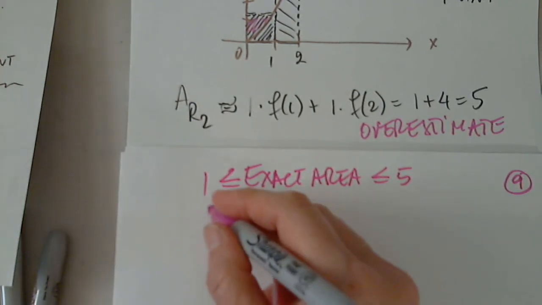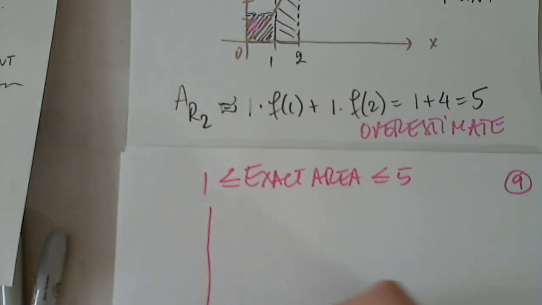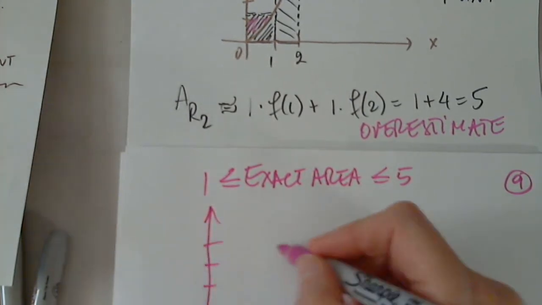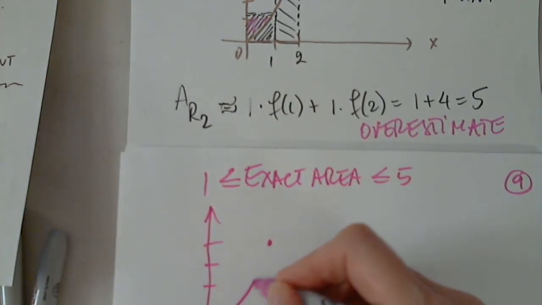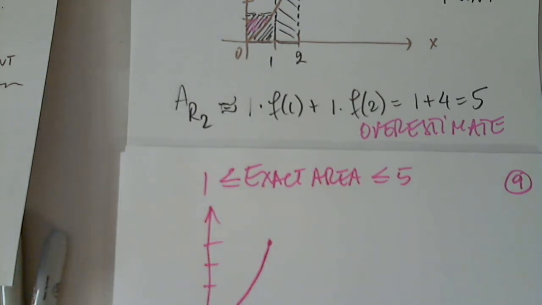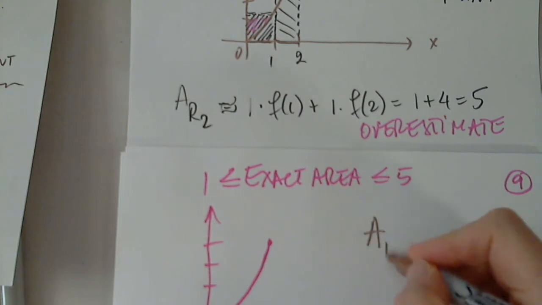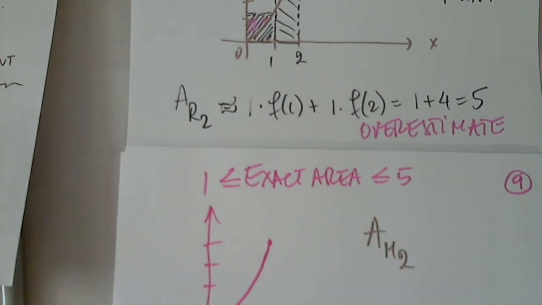Now, let's also look at the midpoint. How do I determine the area, so-called M2? Okay, so this is the base of the rectangle.